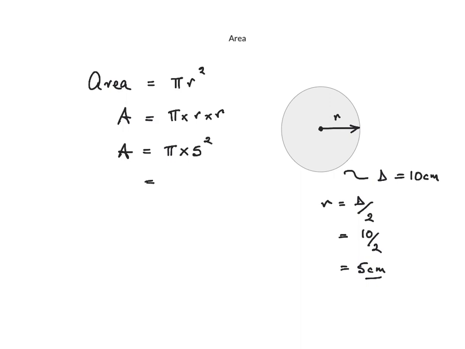And calculator. That gives us 78.54 centimeters squared. The units of area are always squared. That can be our first example.